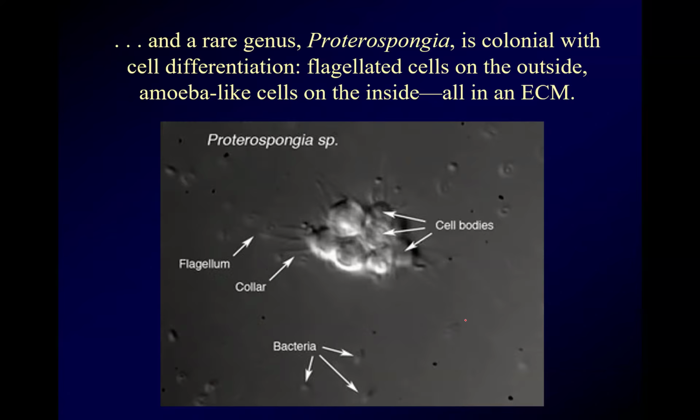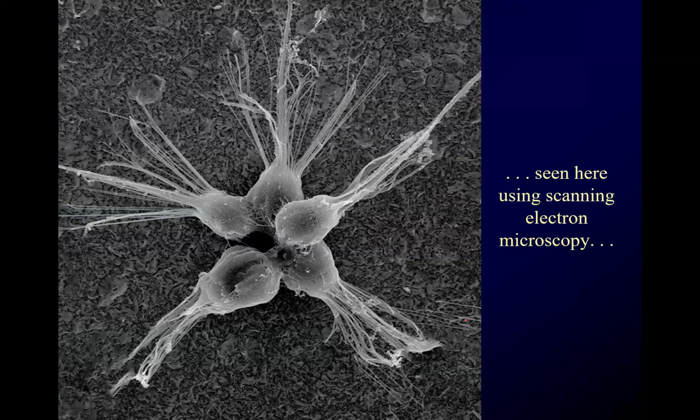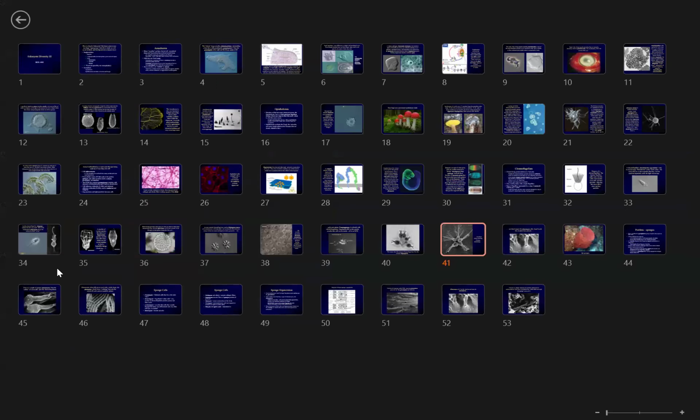So this is all really, really, really sounding animal-like, and I hope you see that choanoflagellates collectively range from very protist-like to very, very close to all of the features that animals would have. This is knocking right on the door of the animal kingdom. And the reason that matters is that choanoflagellates like this one, seen here using scanning electron microscopy, there's one of these colonies, and you can see the flagella.